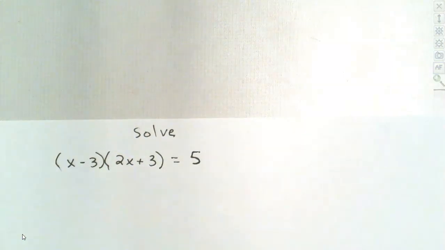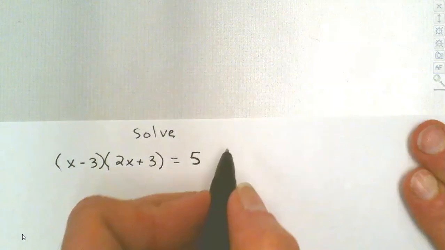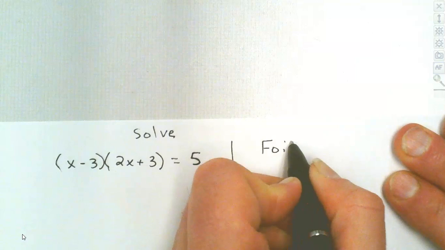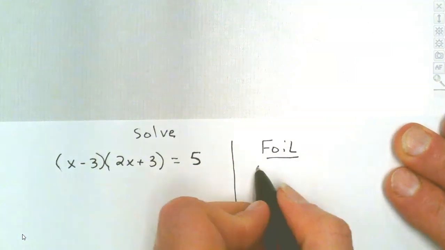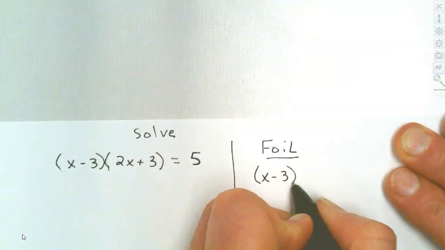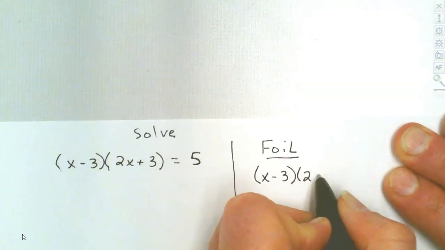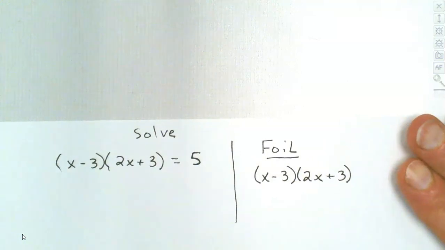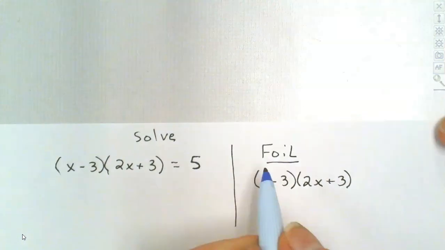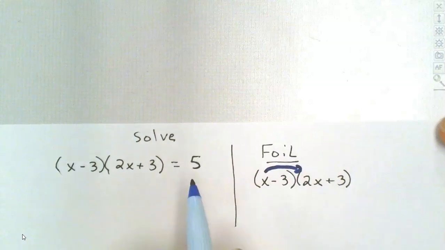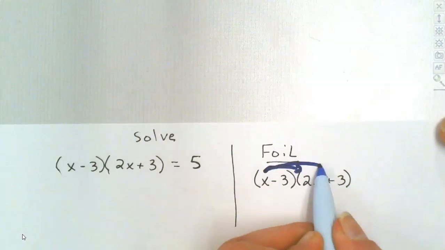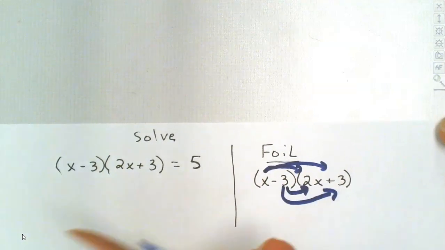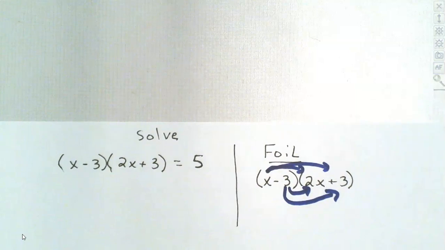So over to the side, I'm going to take the left-hand side, and I'm going to FOIL it out. We've got x minus 3 and a 2x plus 3. We're going to FOIL it. Hopefully remember how to FOIL. First times first. Outside and outside. Inside and inside, and last and last. And be very careful again with your signs.